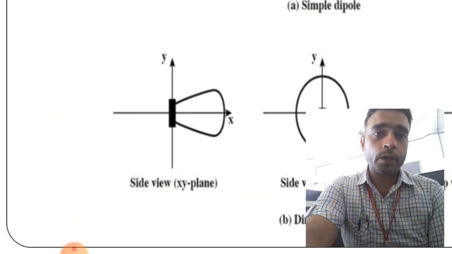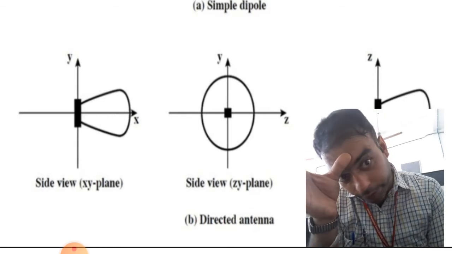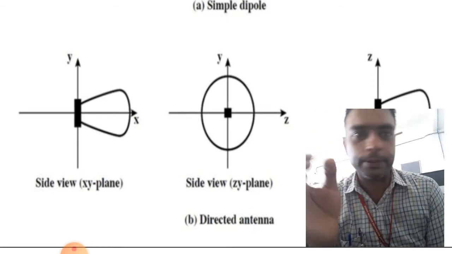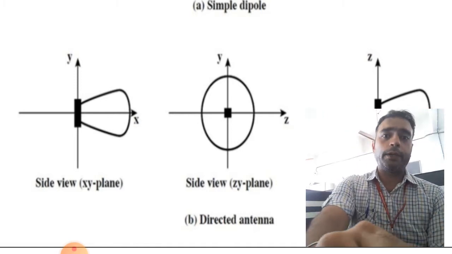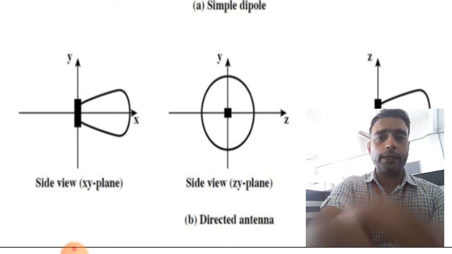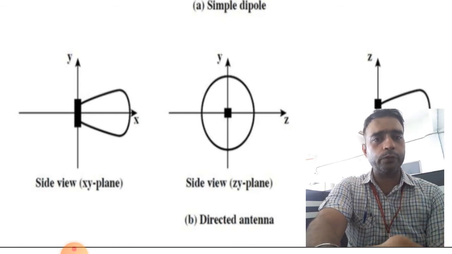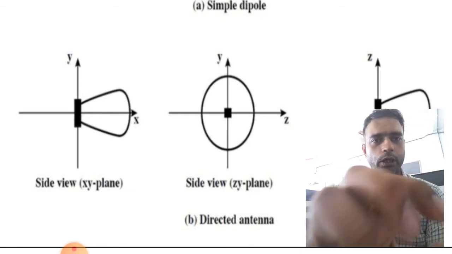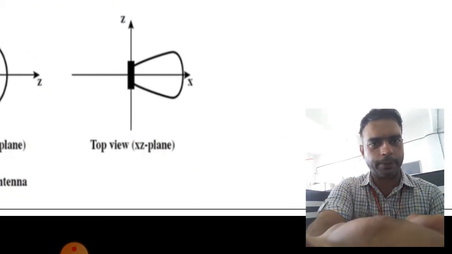dipole. Now if we are using the directed antenna, here the side view is different, and two different types of side views are there, right? Here we can see this xy plane, where it is given at one side only, and in the side view, the zy plane, only the circular part, and in between is the square part, that is the central part.